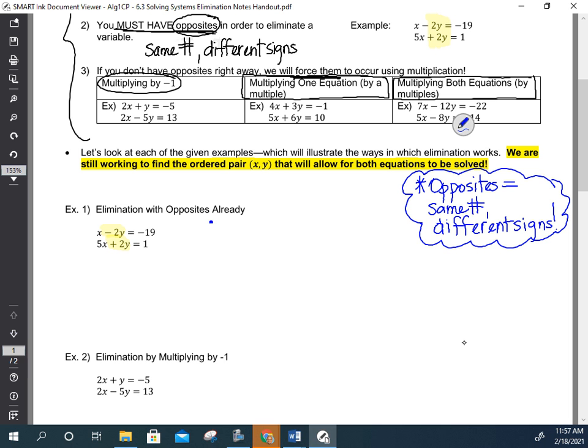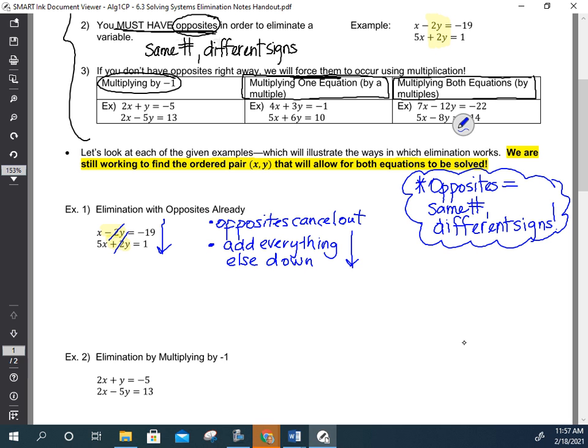So first, opposites cancel out. Add everything else going down.